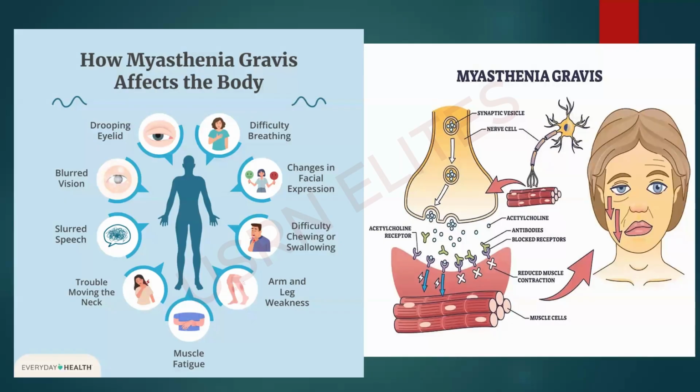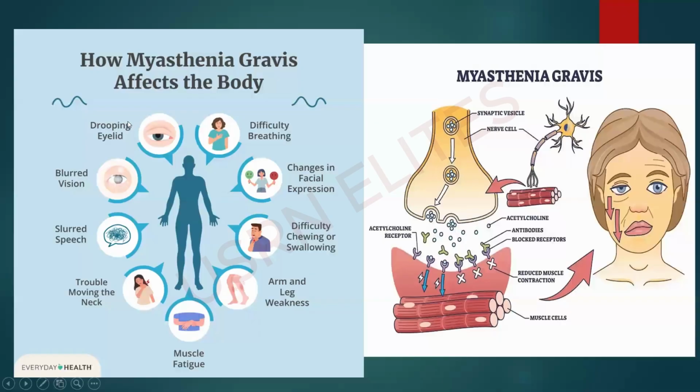Thank you. So when we say myasthenia gravis, most of the time you see it in the face, but it doesn't happen only to the face. It happens at neuromuscular junctions, so it means anywhere around your body it can happen.